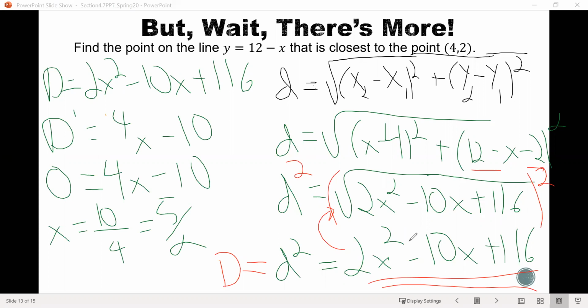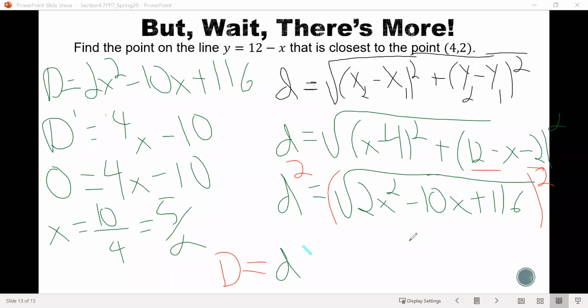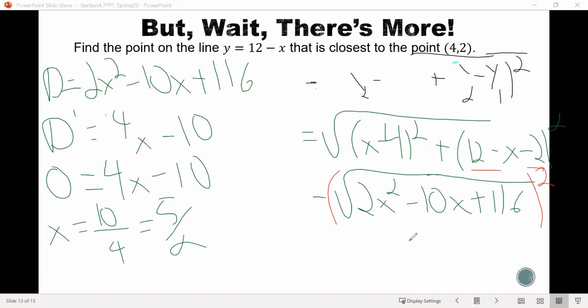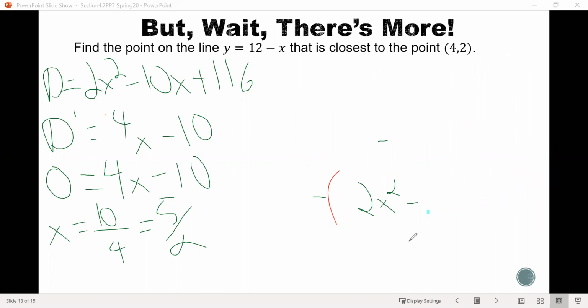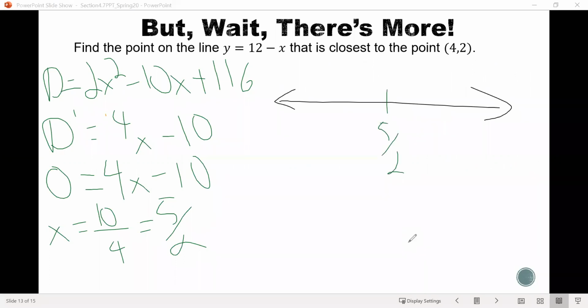Now, one thing we didn't do on this problem that we have done on the others is put a bound on the value for x, which we could have done. But instead, in this case, let's just check to make sure that this is an actual place where a minimum occurs. And so I will draw my number line here, put 5/2 on it, where we know the derivative is equal to 0.